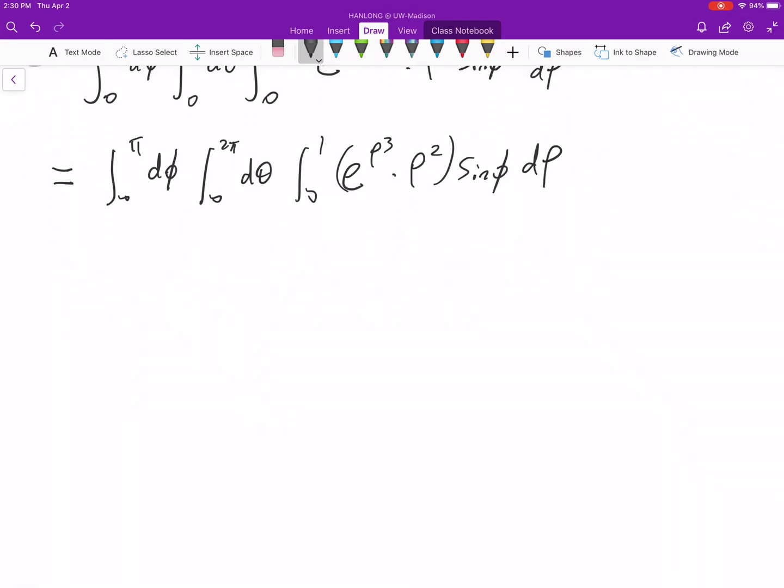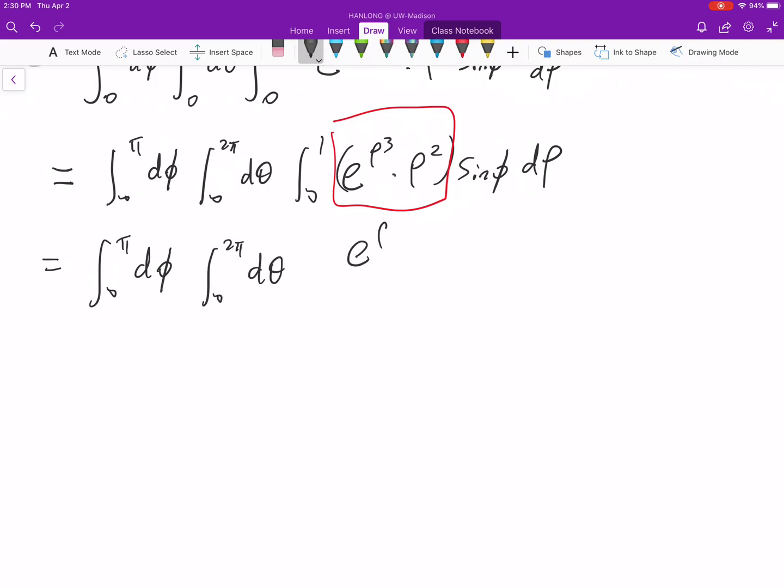Then you simplify it: e^(rho cubed) rho squared sine phi d rho. For this one, you can use the chain rule. Therefore you have e^(rho cubed) divided by 3, from 0 to 1, and the sine phi.